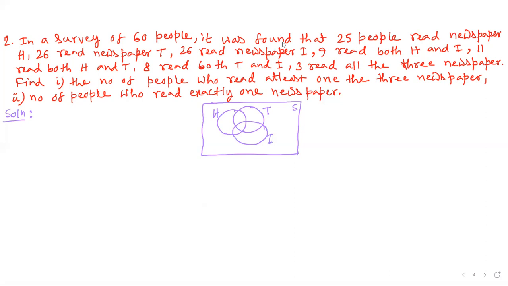Now, if you see the Venn diagram, here are some portions I have got. Suppose this portion is denoted by A, this portion B, this portion C, then this is D, this is E, this is F, and this portion is G. So in this way, a total of 7 parts I have got.